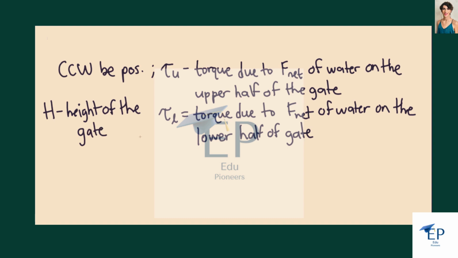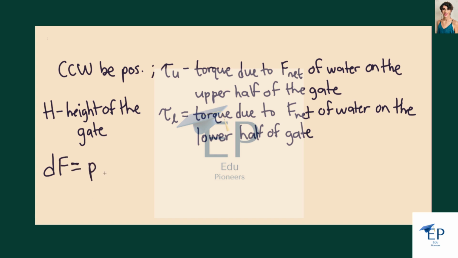For the gate, we need to calculate the torque due to the force on a narrow strip of height dy located a distance y below the top of the gate, then integrate in order to get the total torque.